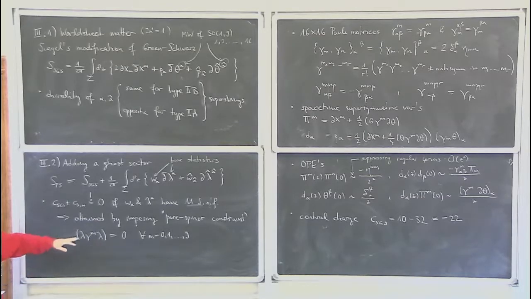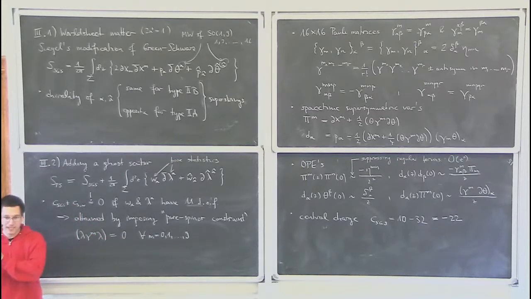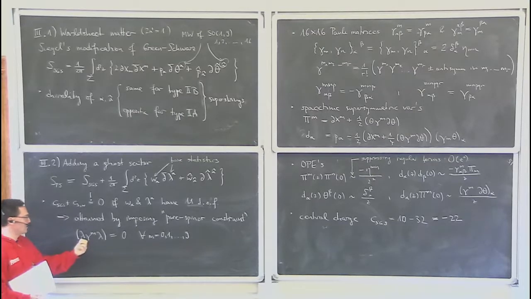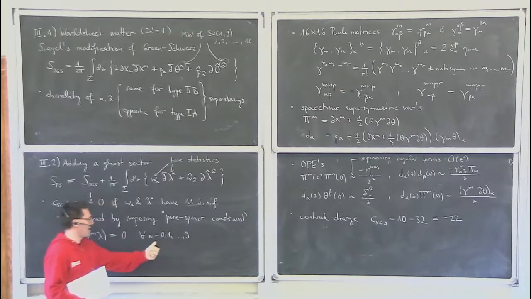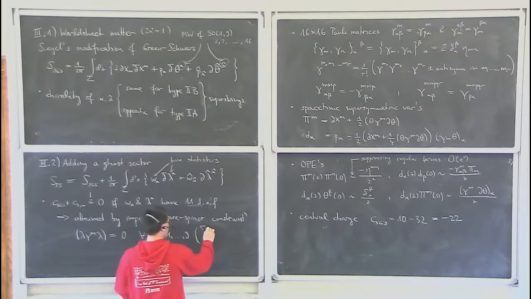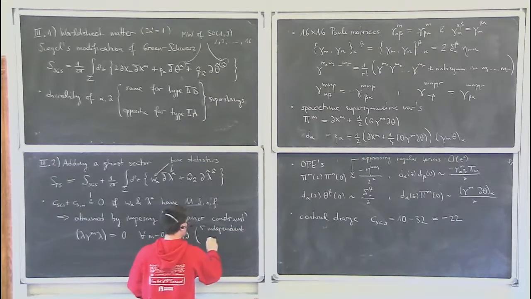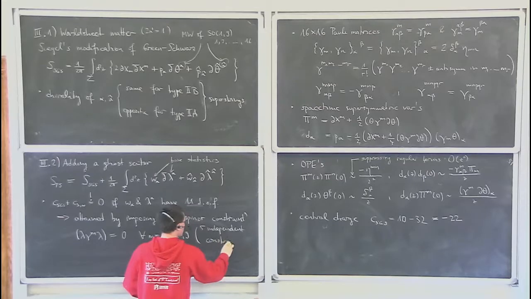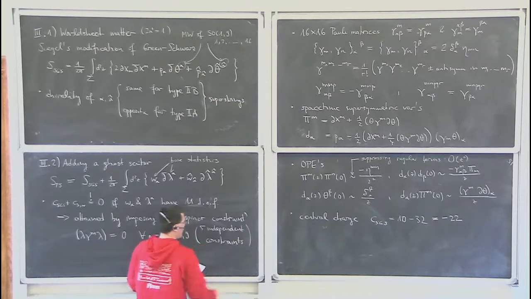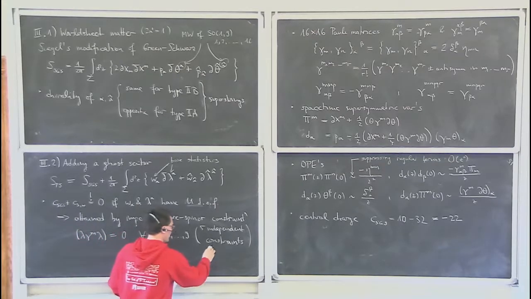So for every choice of the vector index, this should better vanish. And you might naively think these are 10 equations, so shouldn't this kill 10 components? But if you do a careful analysis, using, for instance, a U(5) decomposition of that guy, you will find that only 5 out of the 10 components are independent constraints. A very careful account on this can be found in the thesis of Carlos Mafra.